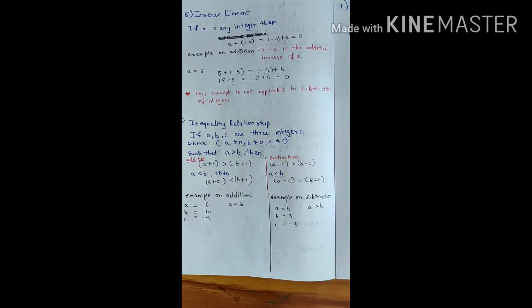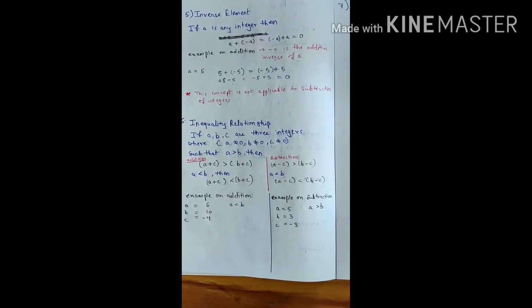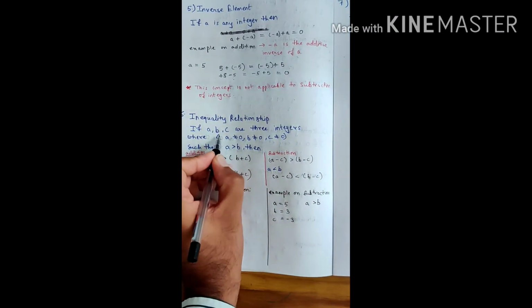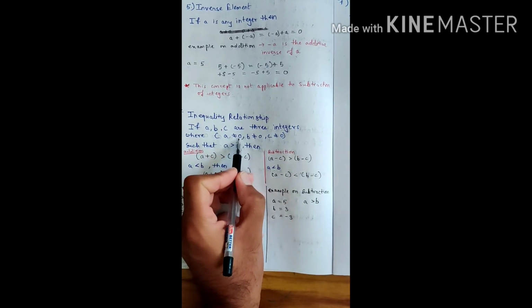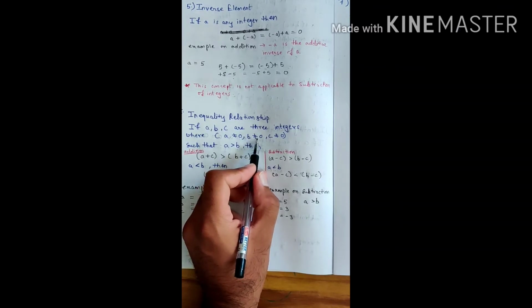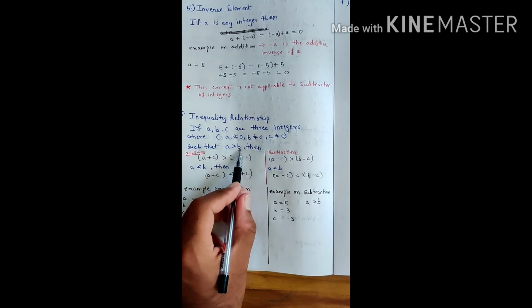Now moving ahead to your next, that is the inequality relationship. So in this, we have integers a, b and c, three integers, where as you can see a is not equal to b, a is not equal to 0, b is again not equal to 0 and c is again not equal to 0, such that the condition should be a greater than b.